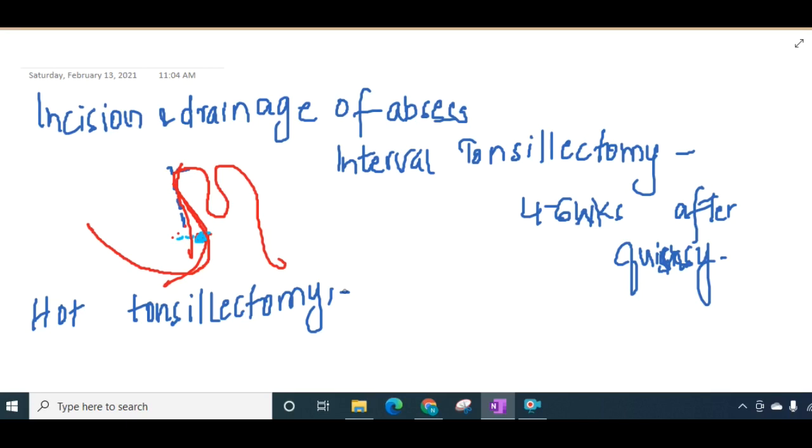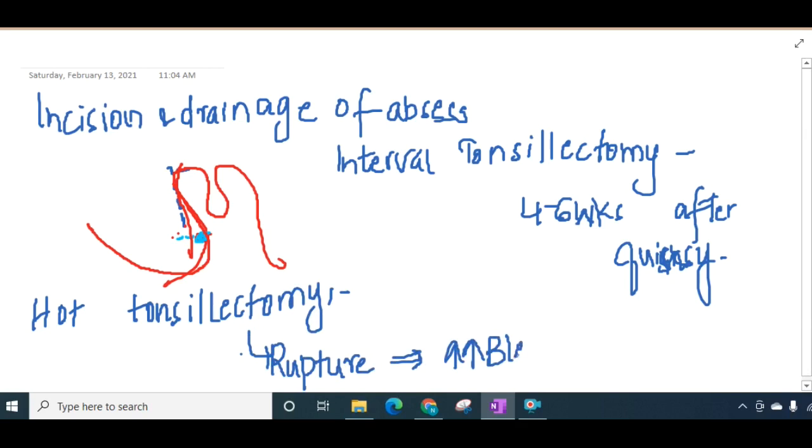But the main problem in hot tonsillectomy is that there can be rupture of the abscess during anesthesia, and this can result in excessive bleeding. So we do not prefer it generally.